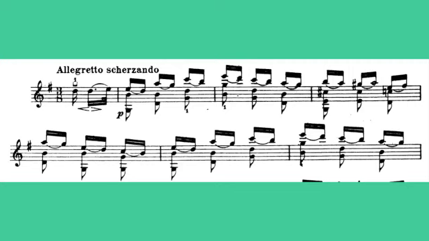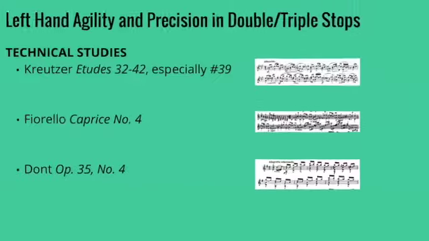So as students are working through this, they can get used to playing a chord with 3 fingers in a certain position, shifting to a new position that has a new finger pattern, and then sounding the chord in the new position. And that goes on through the entire exercise.